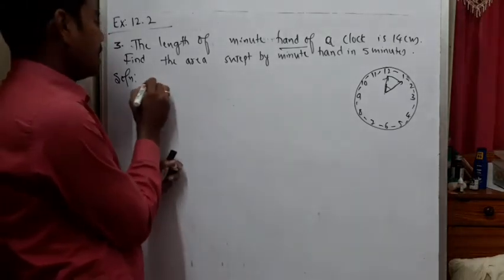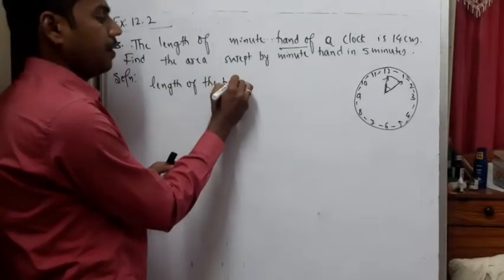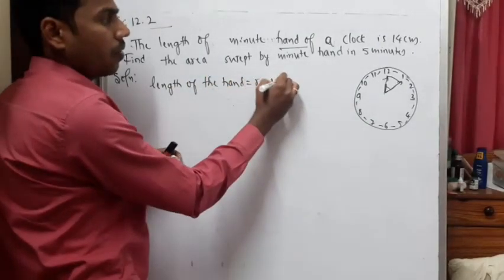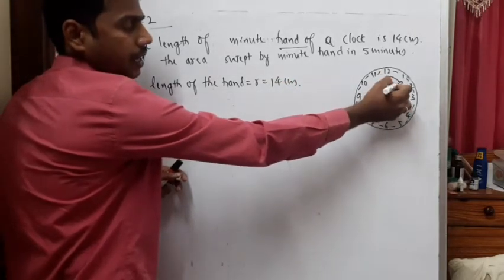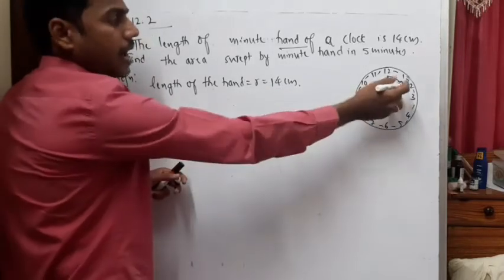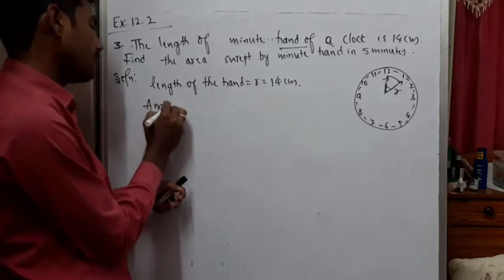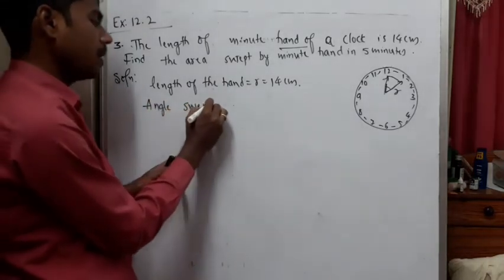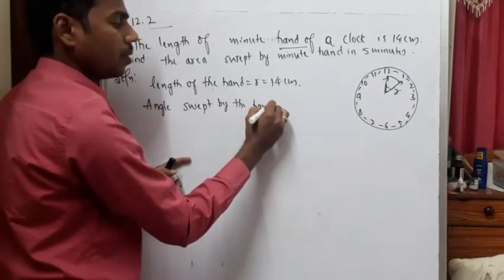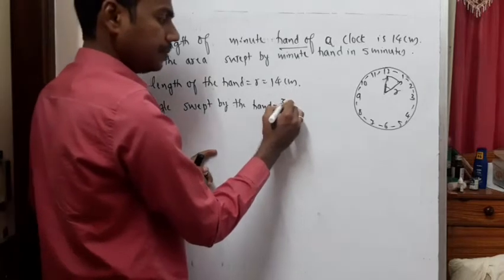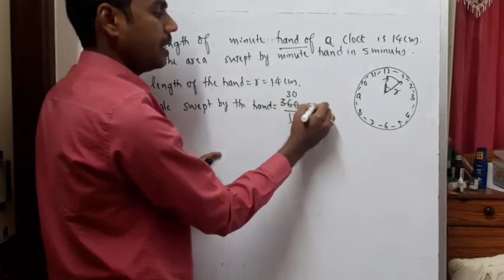So first we'll write the length of the hand, which is equal to R, which is equal to 14 centimeter, right? Suppose this is the arc, this will be R, the hand length, equal to 14 centimeter. Then the angle swept by the hand is equal to 360 divided by 12. 12 ones are 12, 12 threes are 36, that is 30 degree.